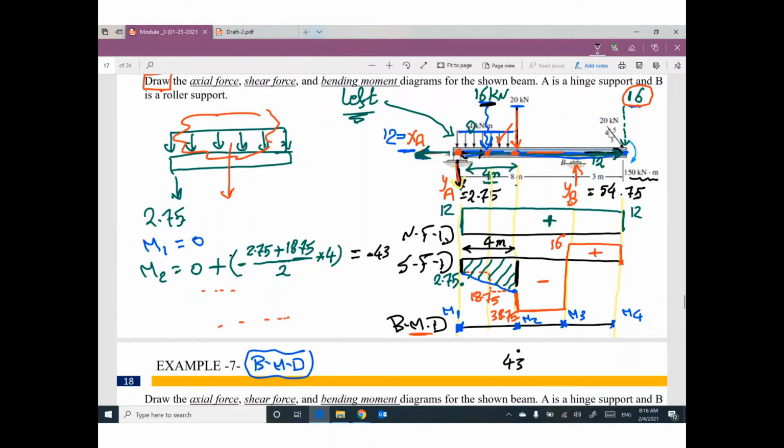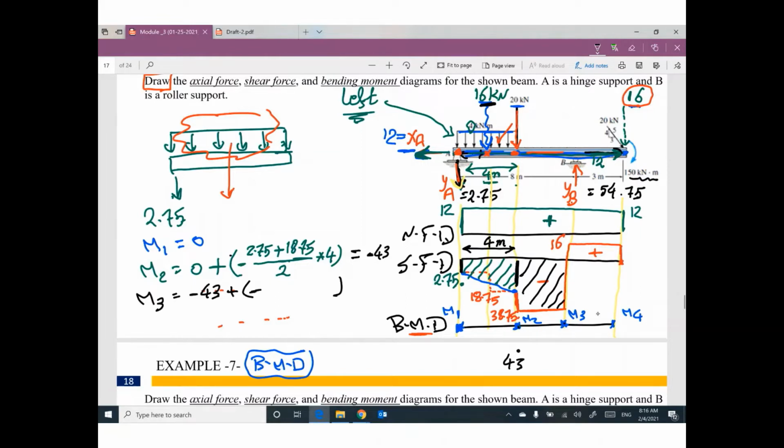Yes. What is the value at M3? Value at M3 will be previous value, which is M2, negative 43. Plus, do you have any shear between the 2 points? Yes, we have. How much the area? It's negative.